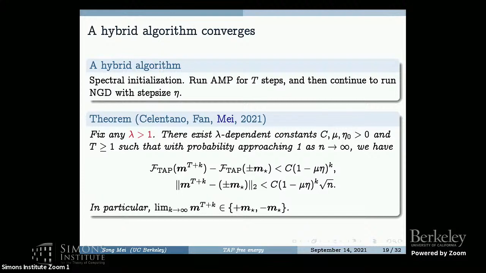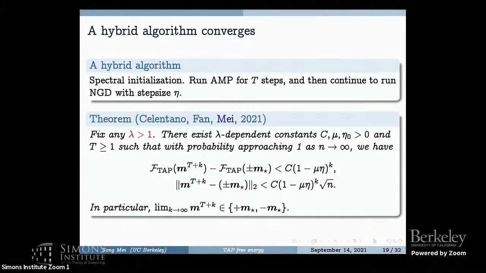We show that when lambda is greater than the information theoretical threshold, these iterates will converge to M star and minus M star. This convergence is for a fixed instance and for a fixed sample size n. It's different from the convergence of AMP results analyzed using state evolution.